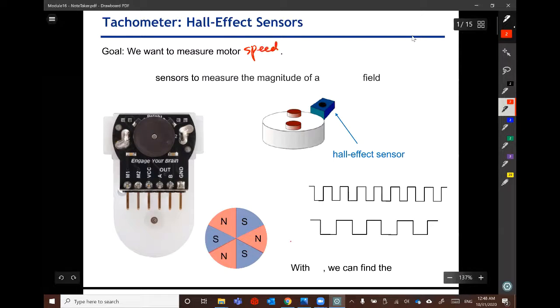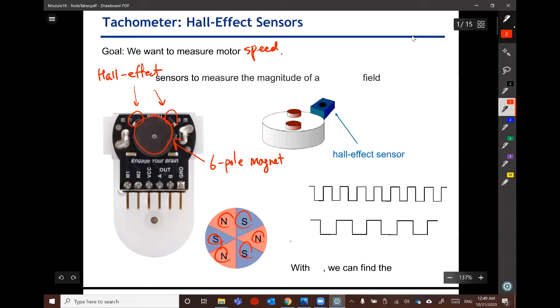To measure motor speed, we need to use Hall effect sensors. These two small devices are Hall effect sensors, and this small disc is a 6-pole magnet. 6-pole means we have NS, NS, NS, so we have 6 poles.